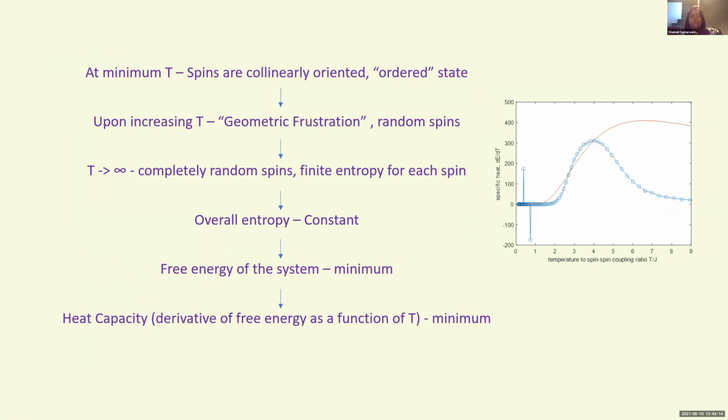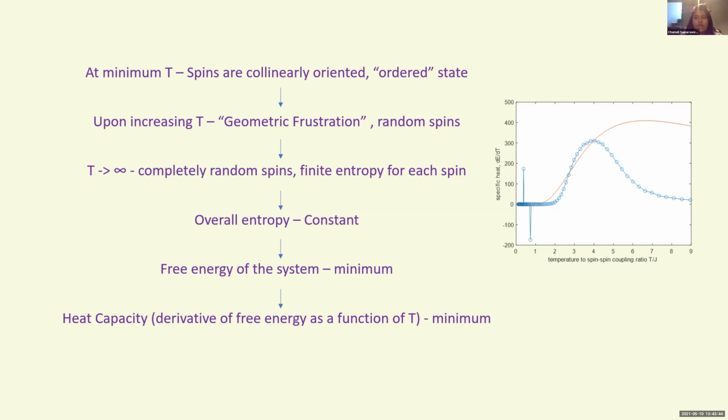We can explain this as follows. At minimum temperature, the spins are oriented in the same direction, so we can say it's an ordered state. When we increase the temperature, the thermal energy overrides the spin-spin and magnetic interactions, so the system becomes disordered and the coupling becomes irrelevant.